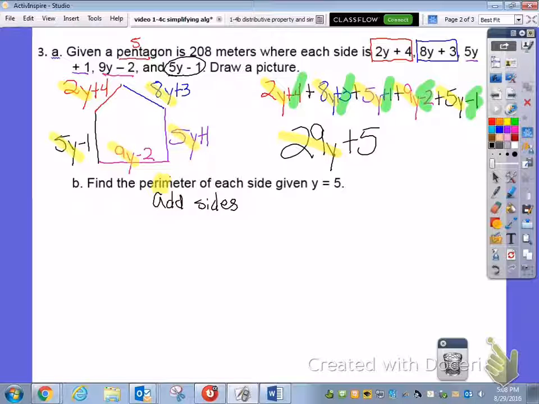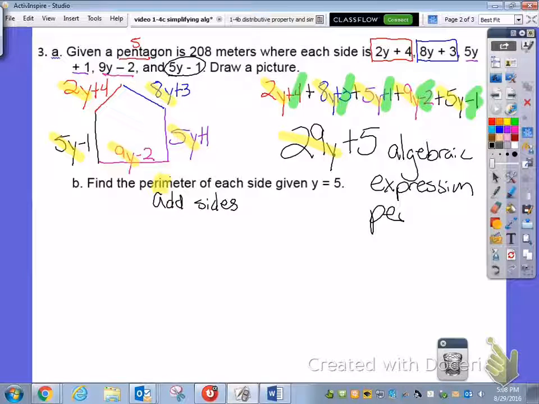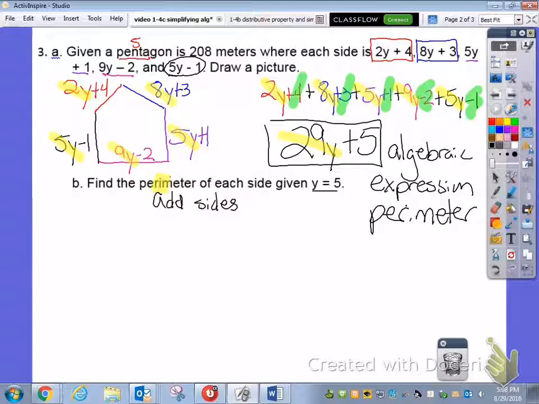This is the algebraic expression representing the perimeter of my pentagon. Okay, so this is the algebraic expression for my pentagon. Now, based on that information, find the perimeter of each side giving y equals 5. So I start out with my expression, and instead of writing that whole thing all over again, I can just write 29y plus 5.